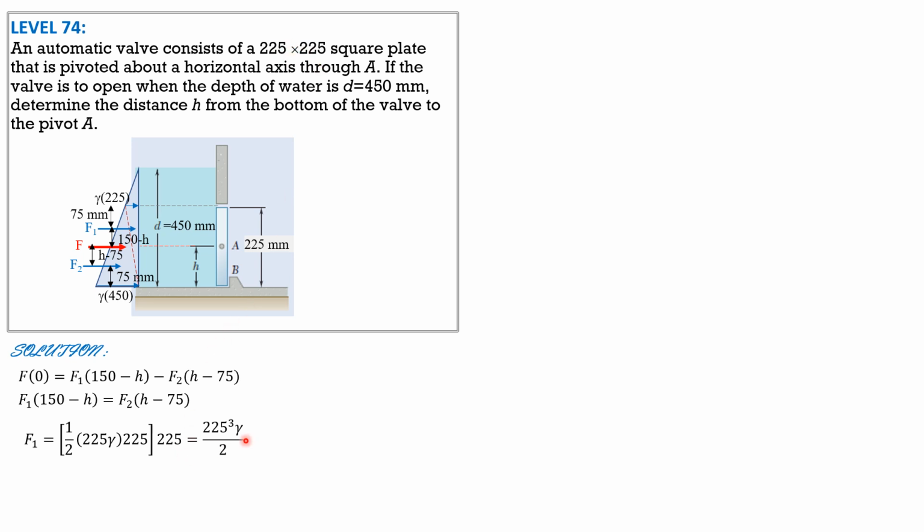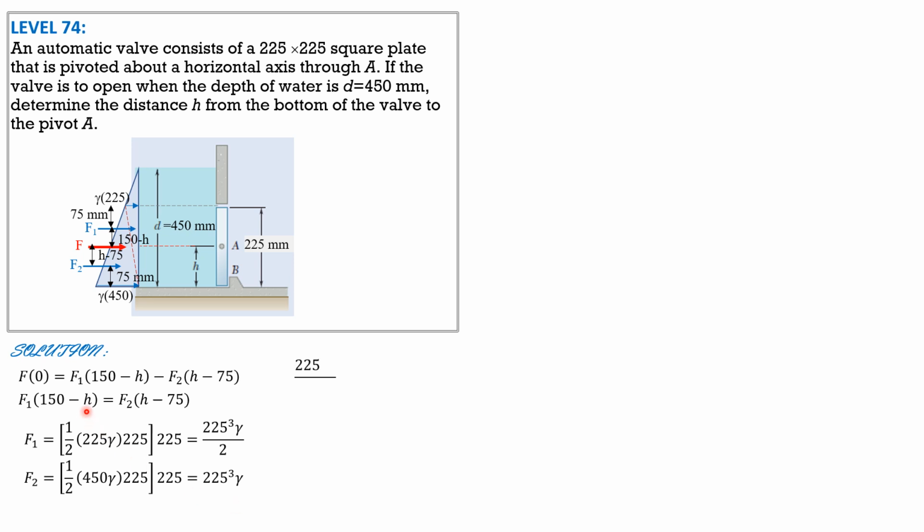So it is 225 cubed gamma over 2. Then F2 is also the volume of this pressure diagram, 1/2 of 450 gamma times height 225 times perpendicular to the board 225. So simplifying, that's 225 cubed gamma.